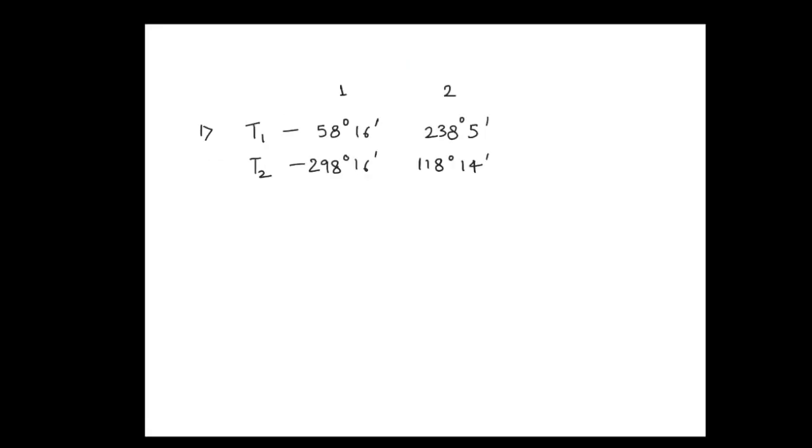So this is the data that I have written. Now we need to subtract T1 minus T2. If this is the base of the prism, we got one reflection from here, another reflection from here, and what we measured is actually this, twice of A. So this is T1, this is T2, and T1 gave us the vernier 1 reading and vernier 2 reading, and similarly we got the 1 and 2 readings for telescope position T2.